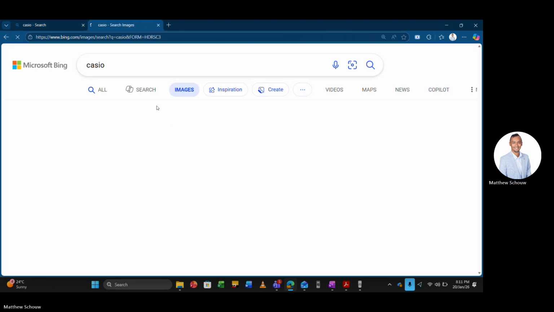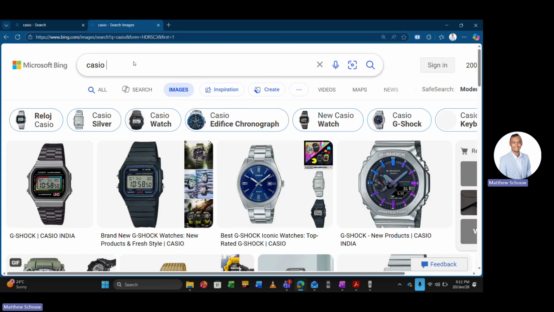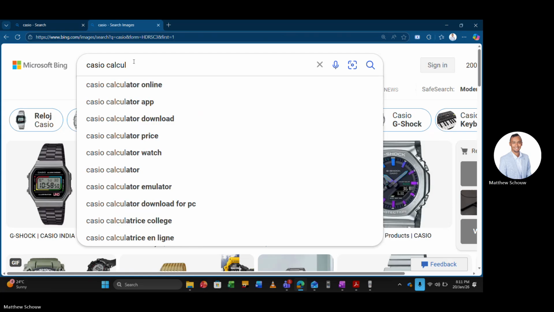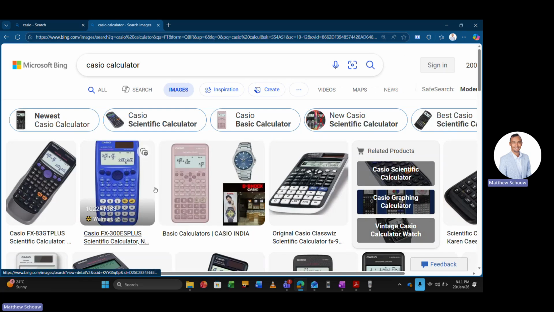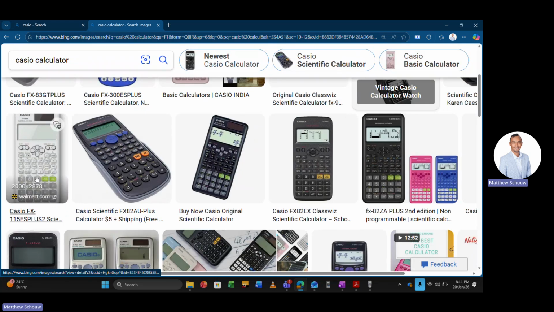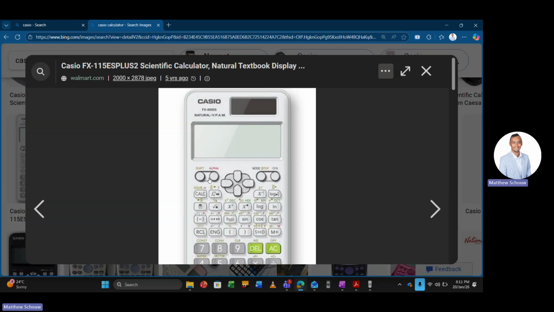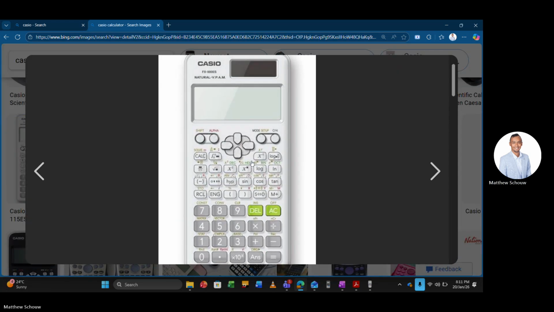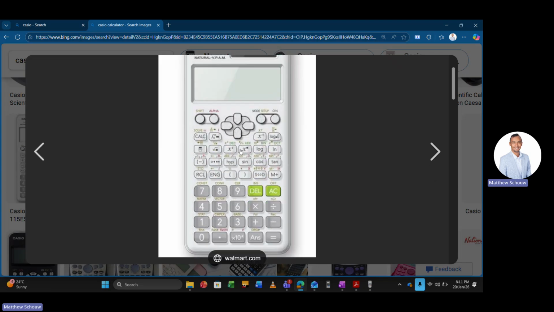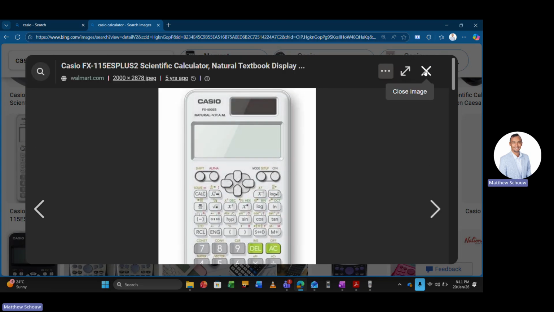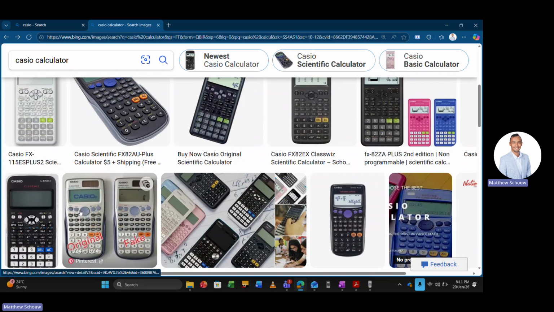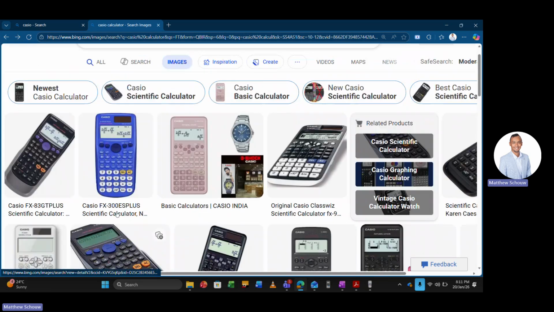So the calculator I'm referring to is this one. It looks like this. I just can't find the exact one with the brand. Let me have a look.